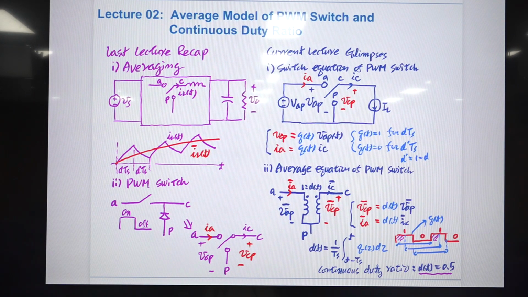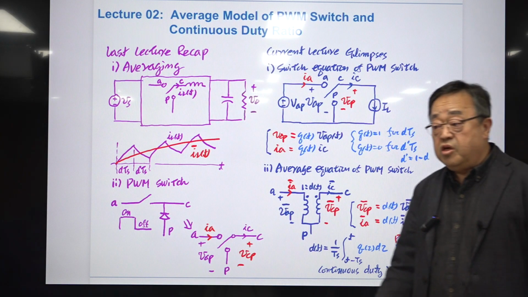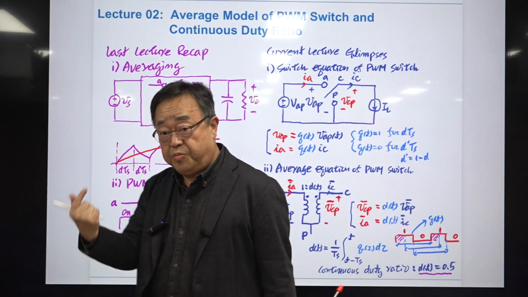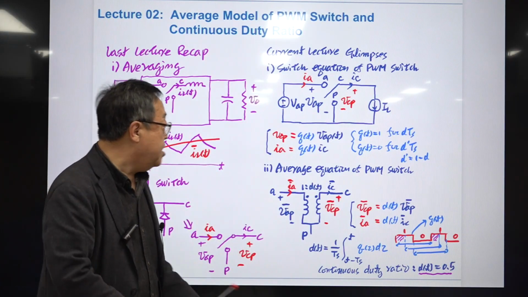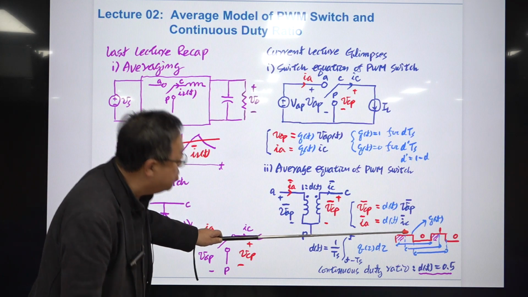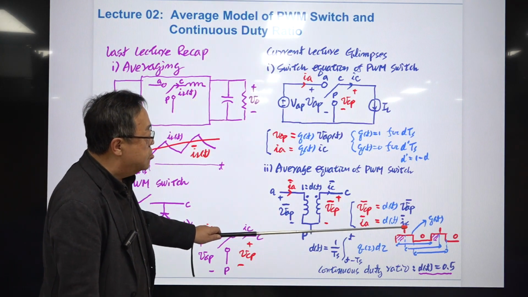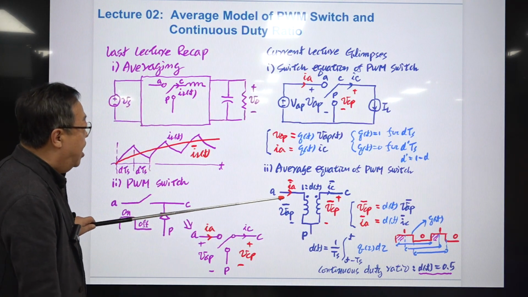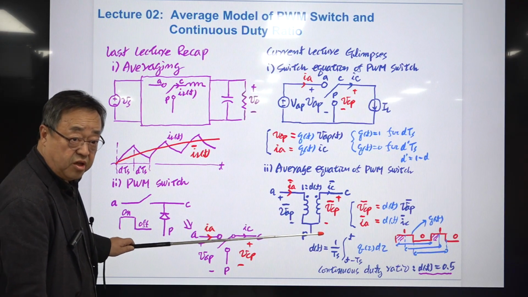Okay. So the equation is obvious. Maybe we should have some assumption called the small signal assumption. Details about that assumption will be presented in the next slide. Okay. And this is the equation. This equation is very familiar to us. This equation is the same as the equation of this ideal transformer.